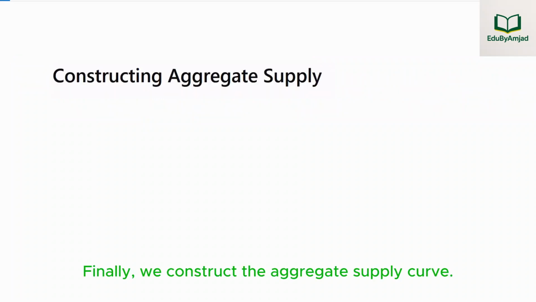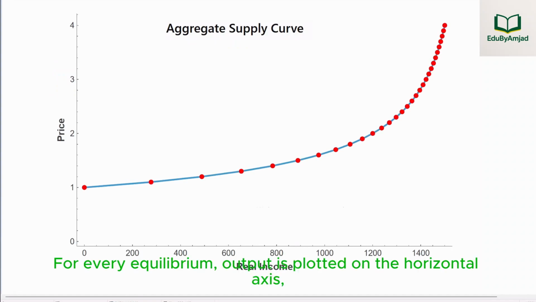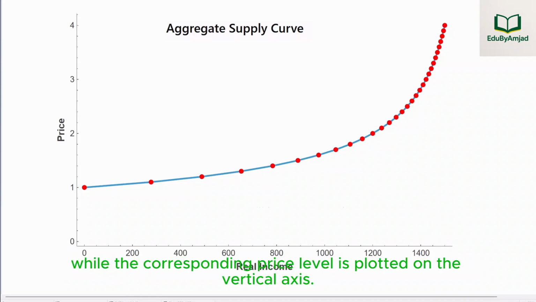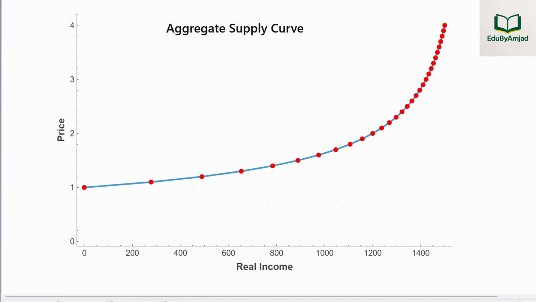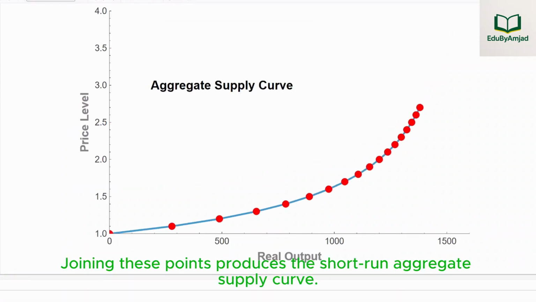Finally, we construct the aggregate supply curve. For every equilibrium, output is plotted on the horizontal axis, while the corresponding price level is plotted on the vertical axis. Joining these points produces the short-run aggregate supply curve.